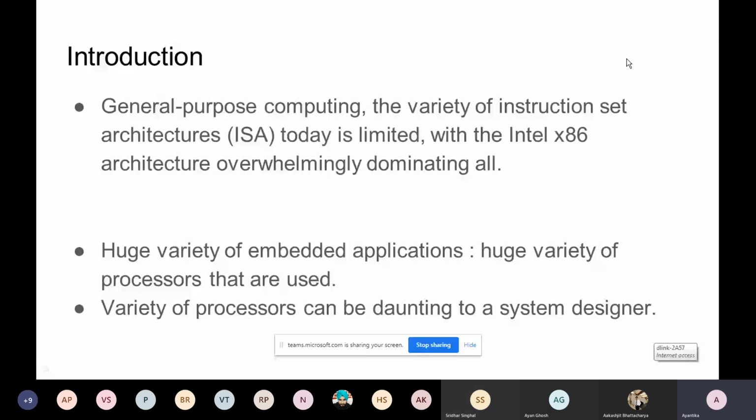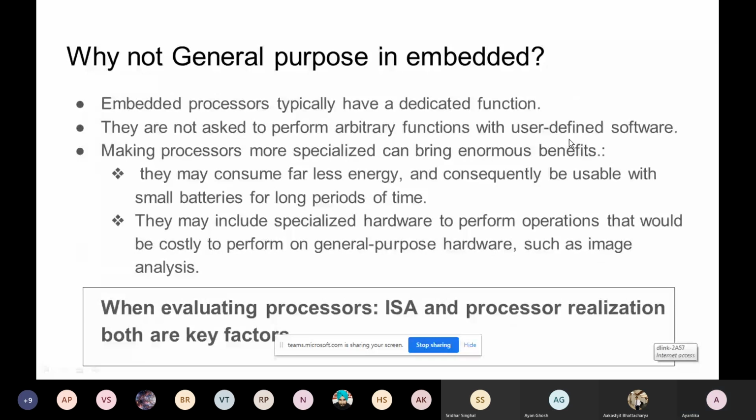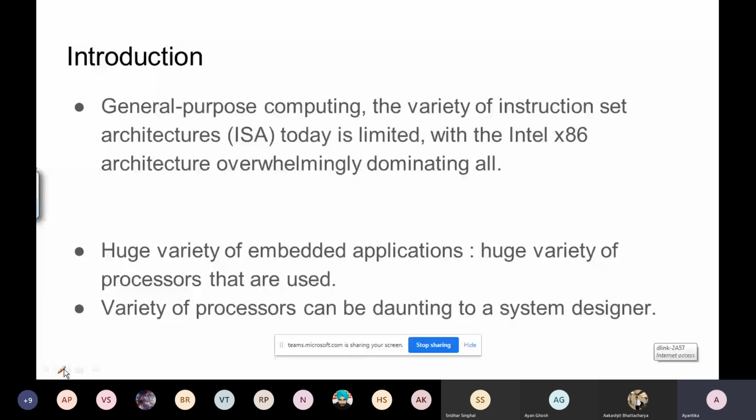Okay, fine. So for general purpose processing or general purpose computing, the Intel x86 architecture is very well known.